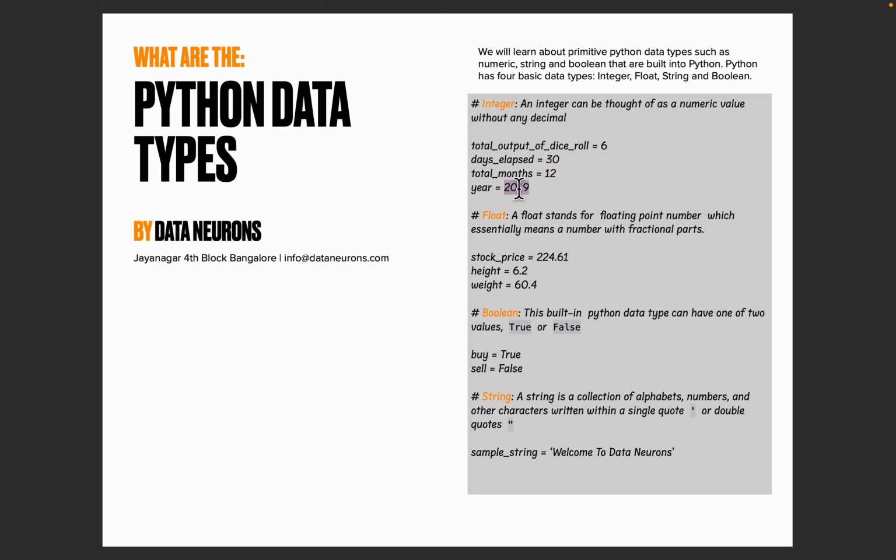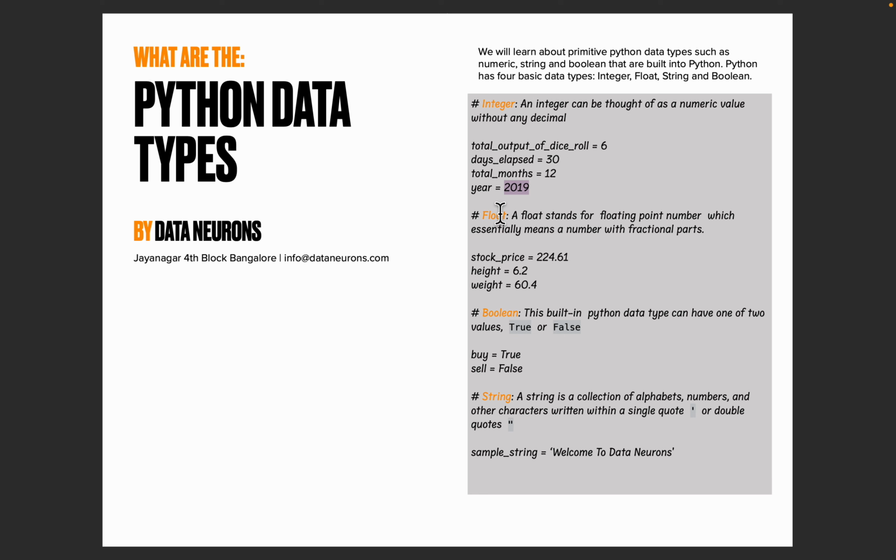Year cannot be 2019.5, correct? The idea is that whatever you have as a whole number, without any decimal or fraction part, is called an integer. So these are examples of integers.